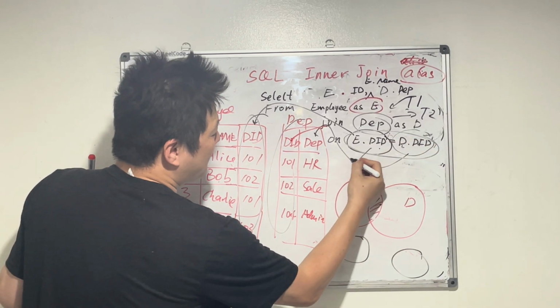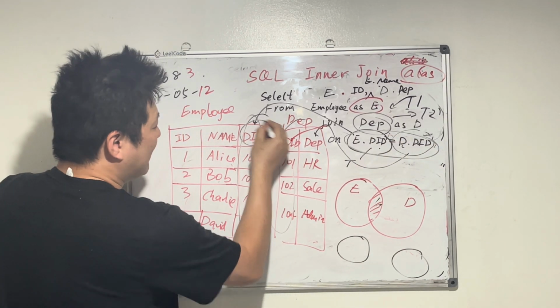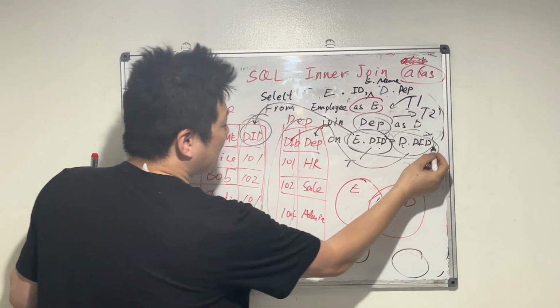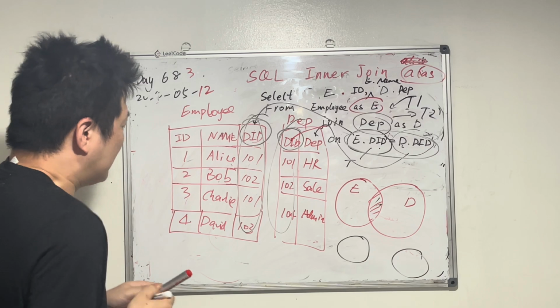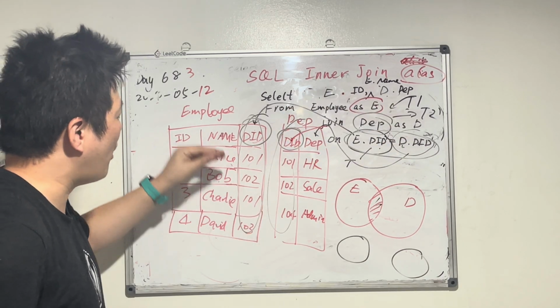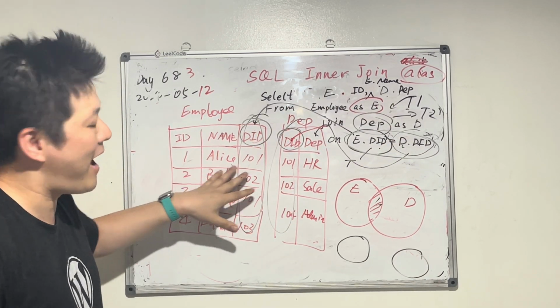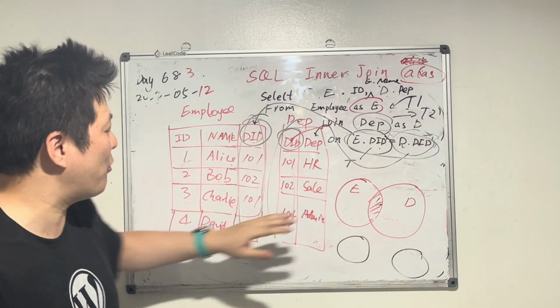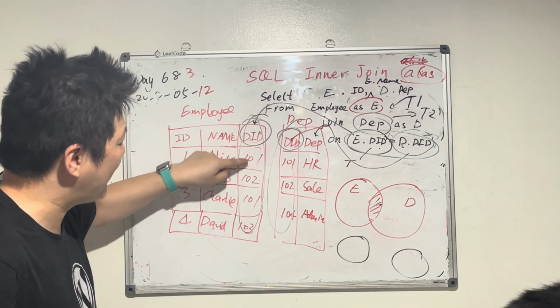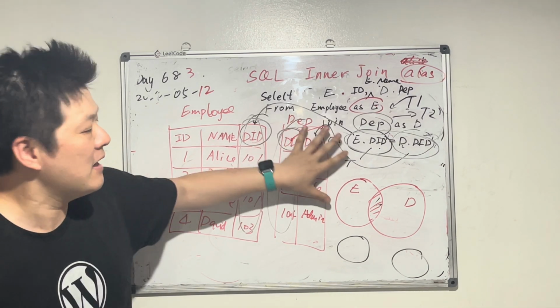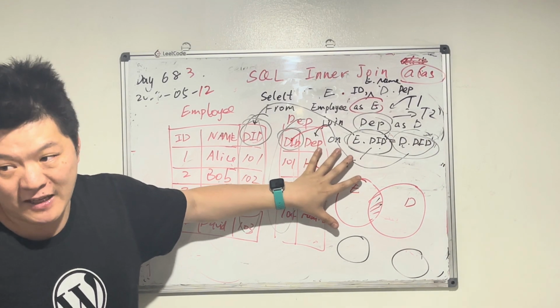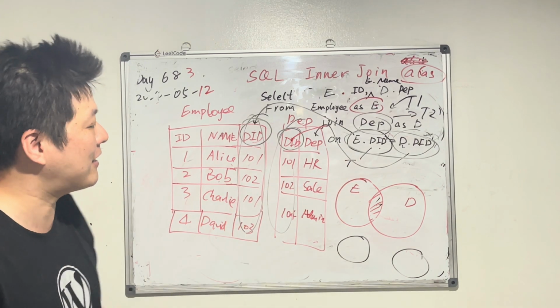Based on table 1, e.did equals the department table's did. This will join these two tables and only return the records that appear in both tables, in this case 101, 102, 101, but not 103, because 103 does not exist in the second table. So this is inner join.